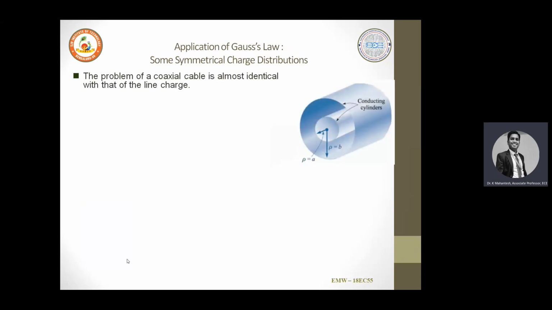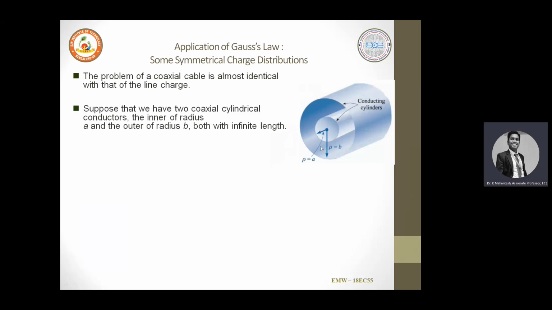So now let us apply Gauss law to some symmetrical charge distributions. The problem of a coaxial cable is almost identical to the application of Gauss law to the line charge. Let us consider a coaxial cable of two conducting cylinders, an inner solid cylinder and an outer hollow cylinder, of radius a and b respectively.